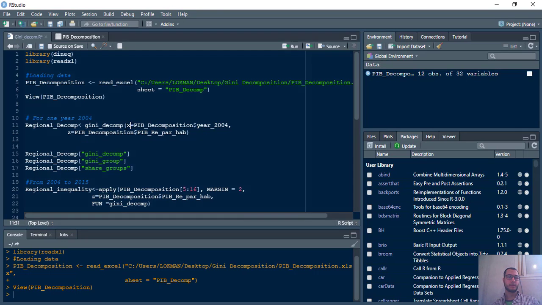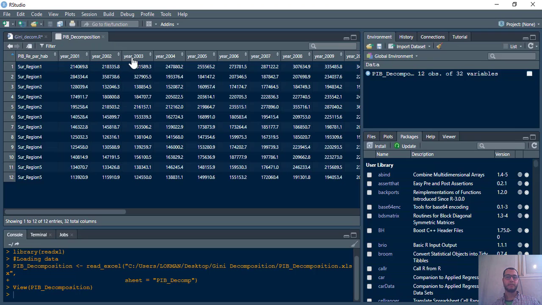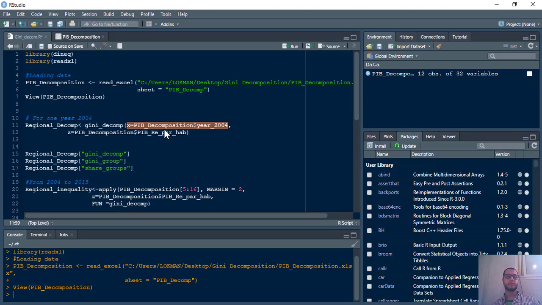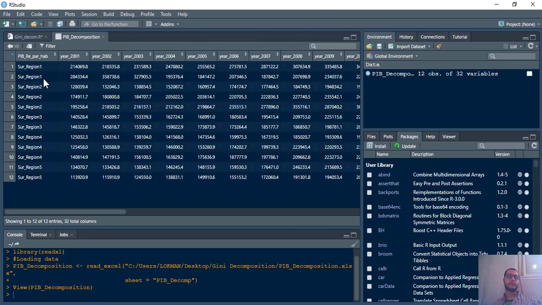So this is the vector x. The vector x is for the year 2004, and this is the vector z.